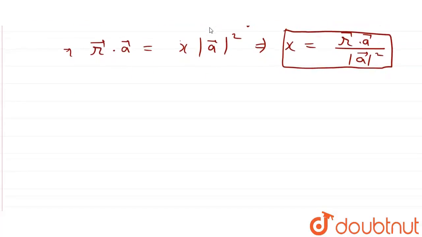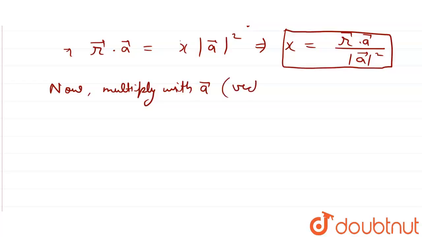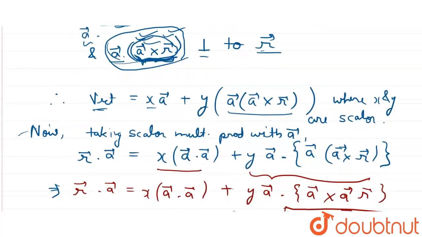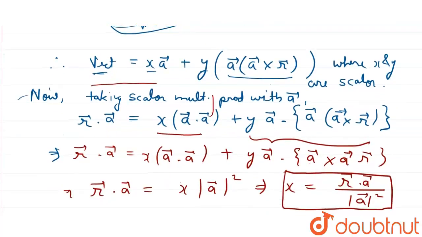Now multiply with a vector, this is vector multiplication. Because see, we have this equation and we have to find x and y.